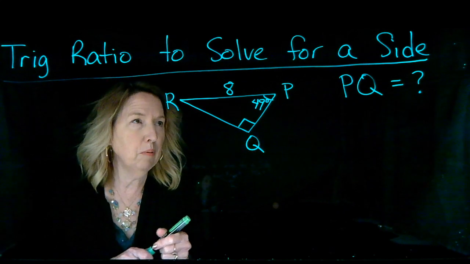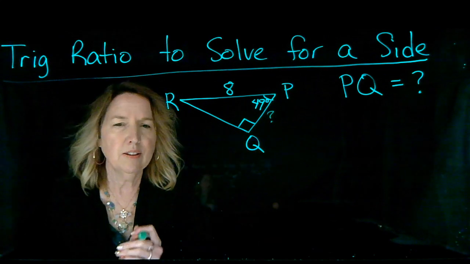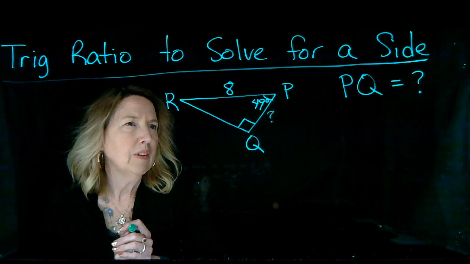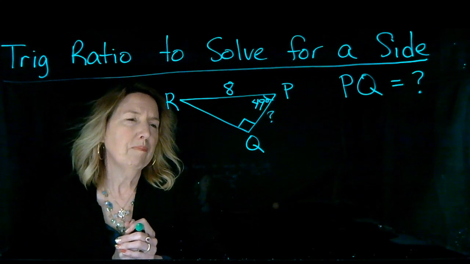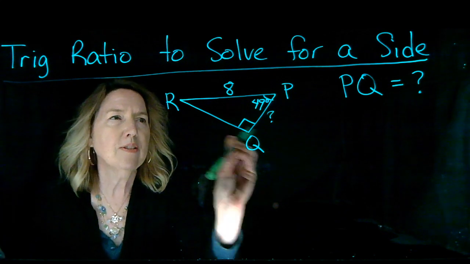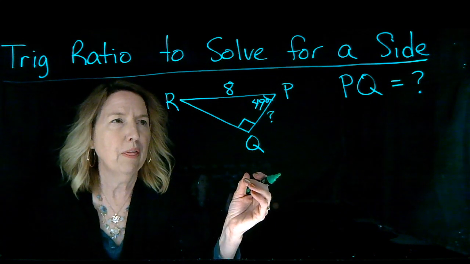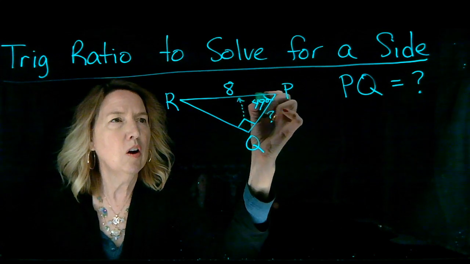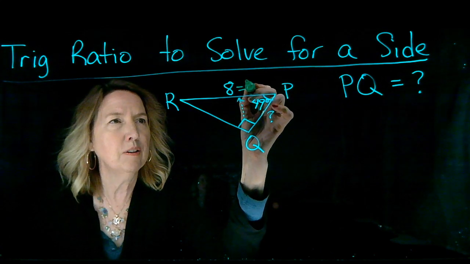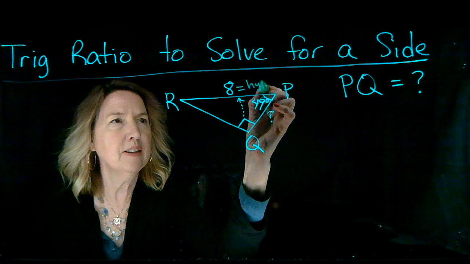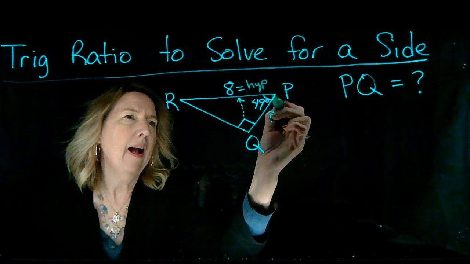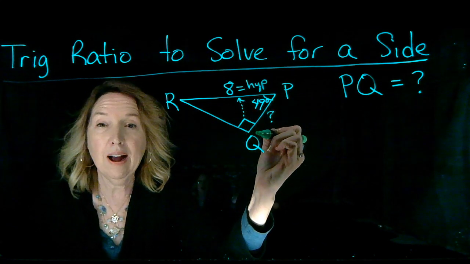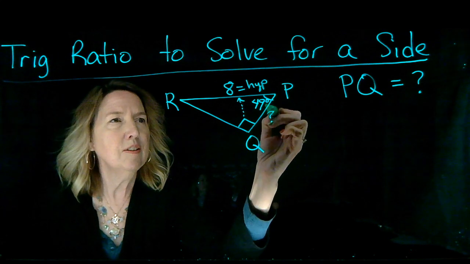So I'm just going to label that. That's going to help me to visualize. Now what? Well, I want to identify which sides they are asking me to work with. This 8 is the longest side, so it's the hypotenuse. I'm going to mark that down, hypotenuse. And what they're asking for is connected.